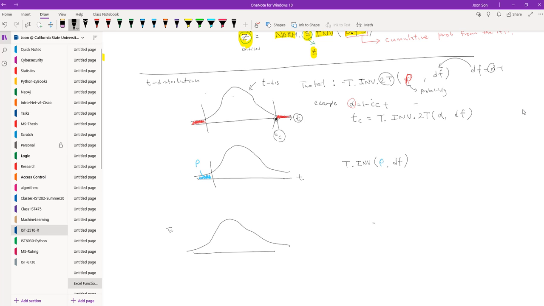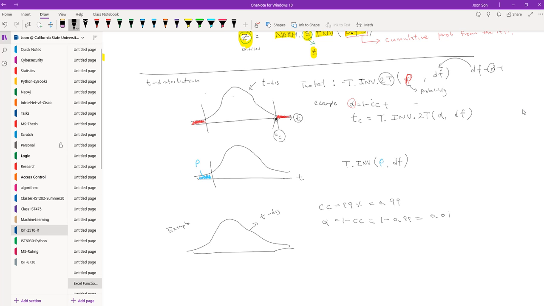You know that this is a t-distribution, and since the confidence coefficient is 99%, meaning 0.99, the level of significance, alpha, is 1 minus the confidence coefficient, which is 1 minus 0.99, equal to 0.01.